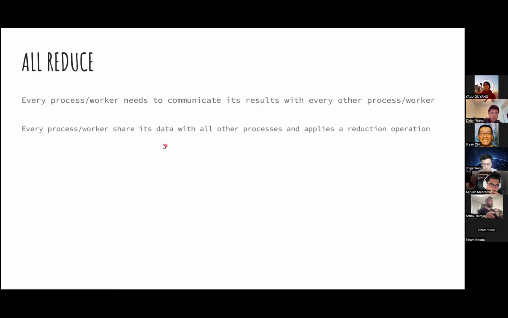Let's say 4 GPUs calculate 4 values. We may or may not need all 4 of the values. In training weights, we take the average, we just need that average value, and we need that average value to be uniform among all the GPUs. We don't really need all 4 values to be stored. Next, please.